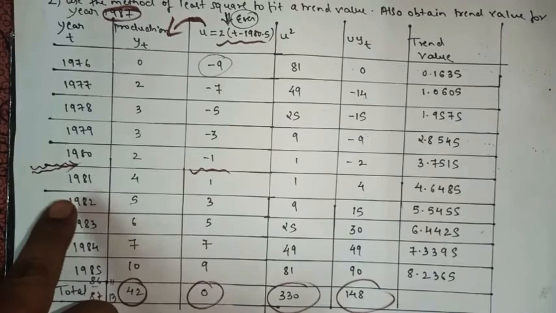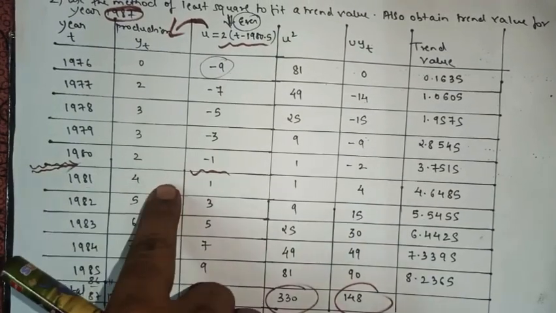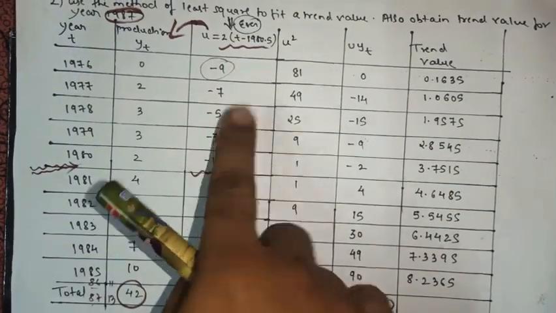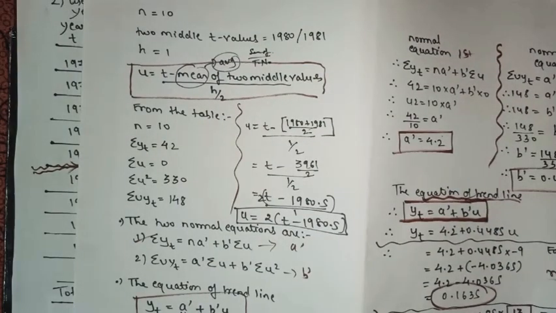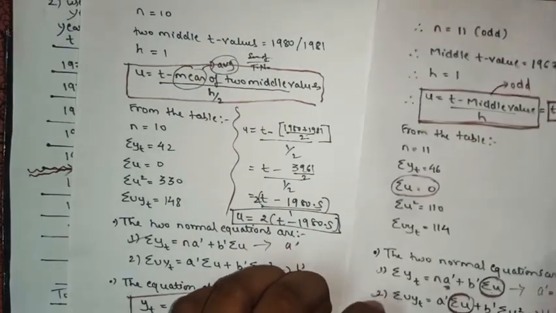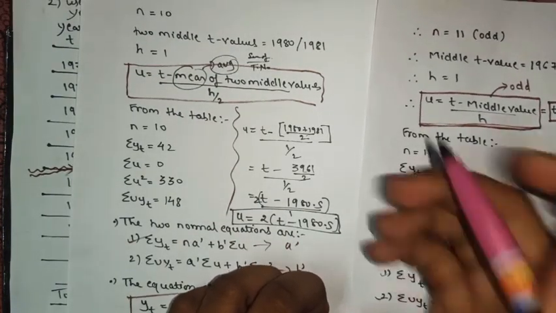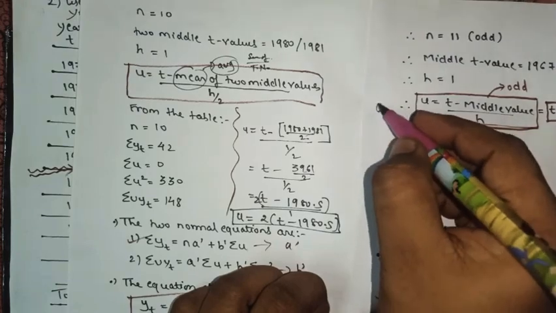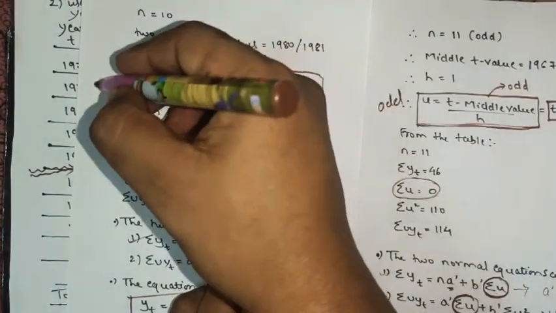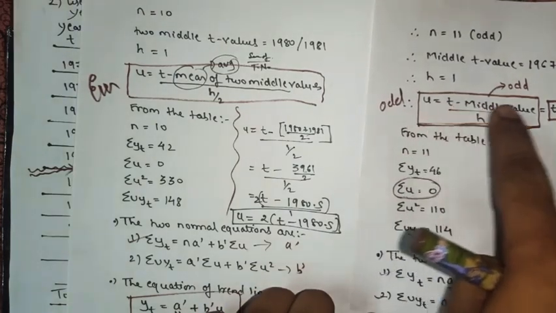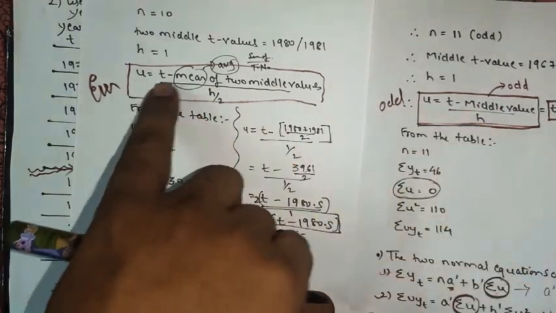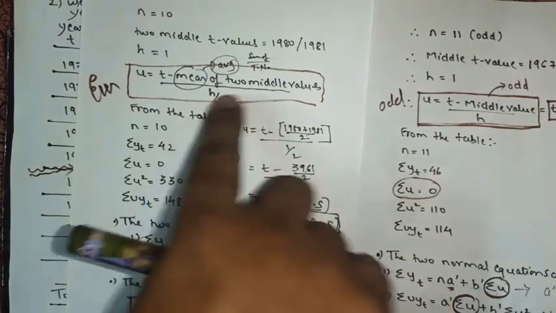Okay, so once again I will explain. The first column will be same, t, second yt. The presentation part actually it is same. The change is only the formula of u. This is the formula for odd, and this one for even. Odd, t minus middle value upon h, here t minus mean of 2 middle values upon h by 2.